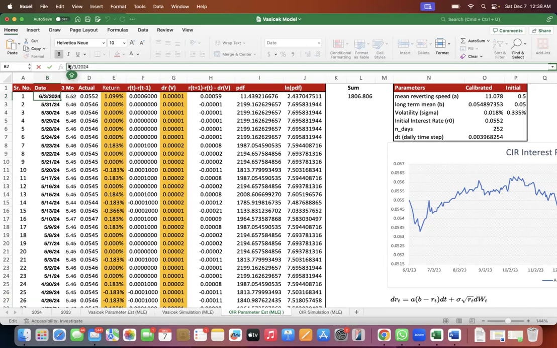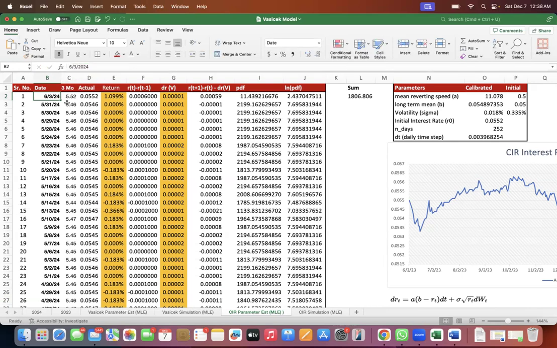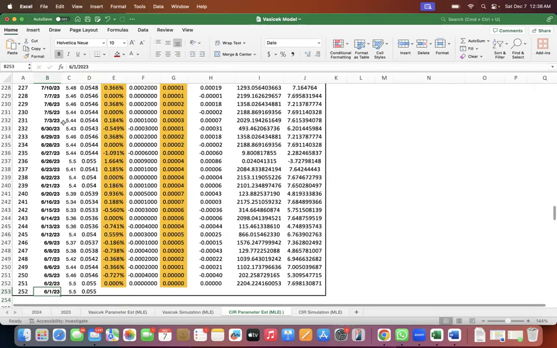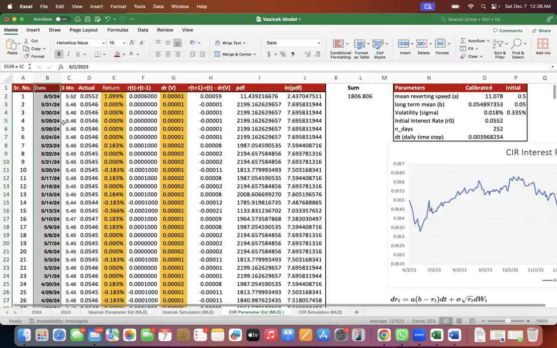So this is 3rd of June 2024, and this is 1st of June 2023. The total data points that I've taken is 252, as you can see in the bottom right.